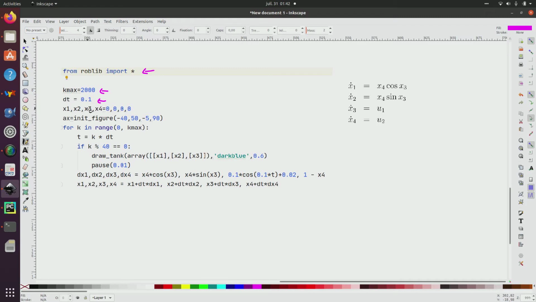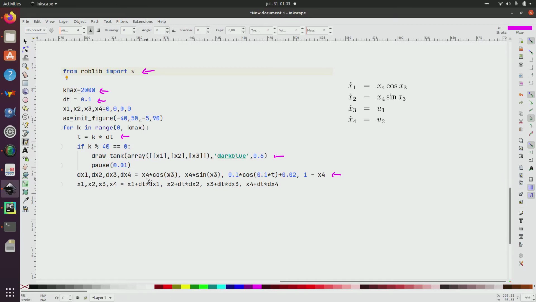That's why I put x1, x2, x3, x4. For all k, I will compute t. Every 40 iterations, I will draw the car using this statement in dark blue. I will wait 0.01 second, and here is an Euler formula given in scalar form.